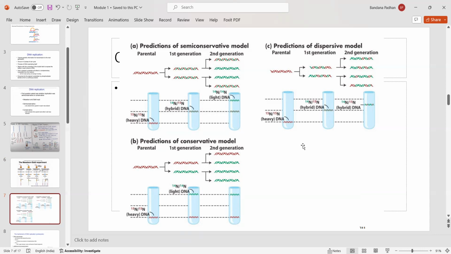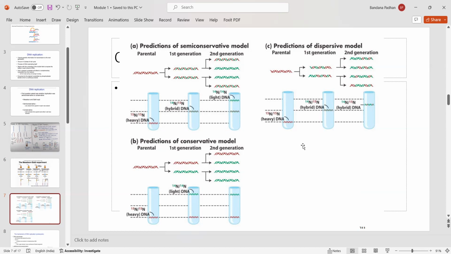The lighter band contains N14 isotope, whereas the intermediate band contains N14 as well as N15. But if it was conservative DNA replication, then the scientists would get only a lighter band and a heavy band in the third generation.